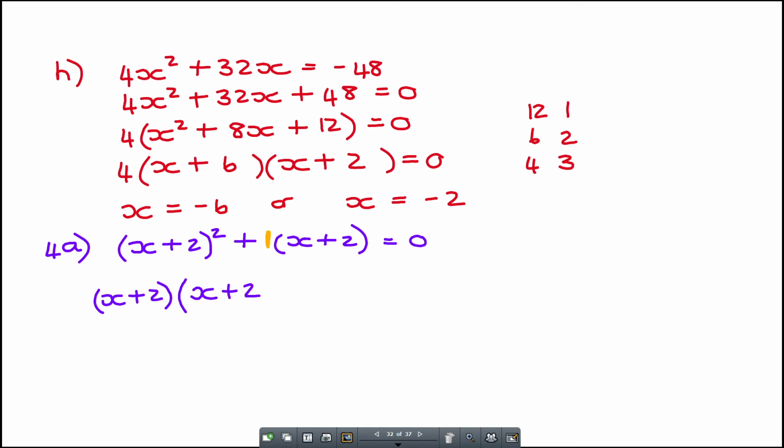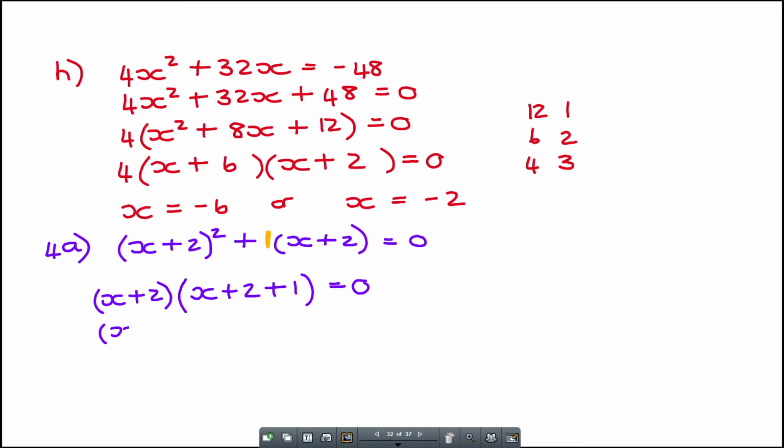Okay, let's look at our second term. If I take out x plus 2, what's left? Not nothing. Plus 1. Do you guys see that? Okay, so plus 1. Does everyone understand that part? Now I've got to simplify this last bit.